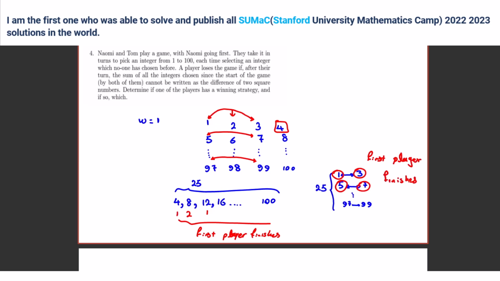Finishes means take last step, right? First player takes the last step in this part and also takes the last step in this part. And then when all these numbers are finished, the second player has to select one number here and he will be the loser, right? Yeah. And okay, your solution is completely correct, but you don't know how to write this, right?